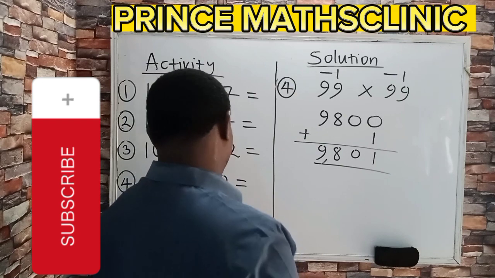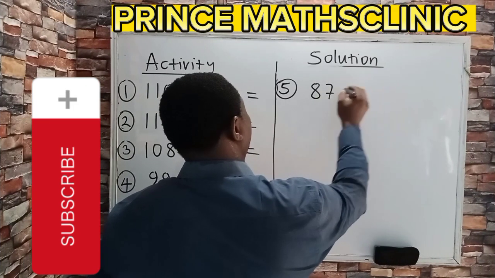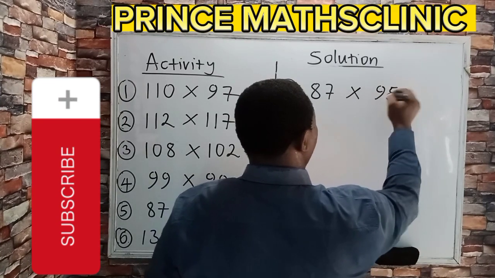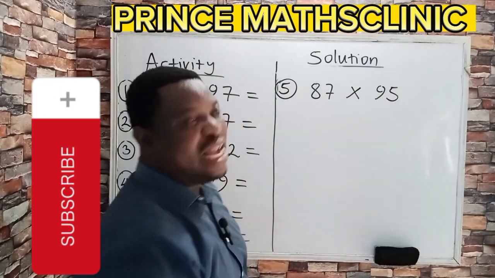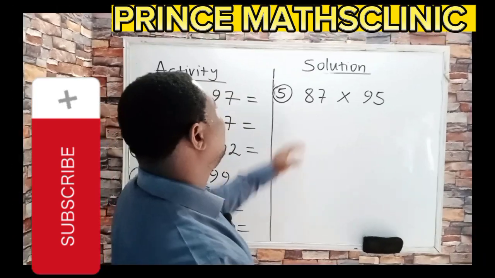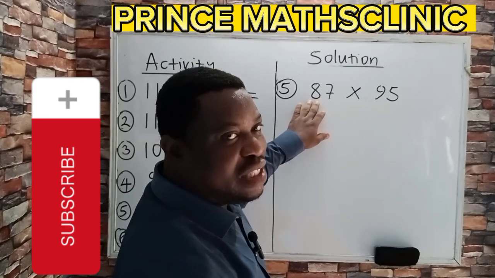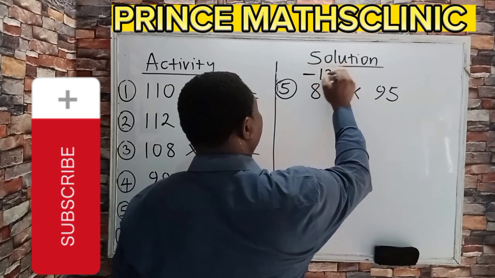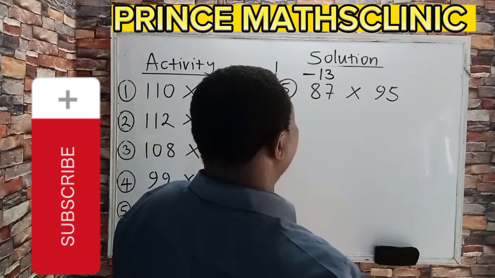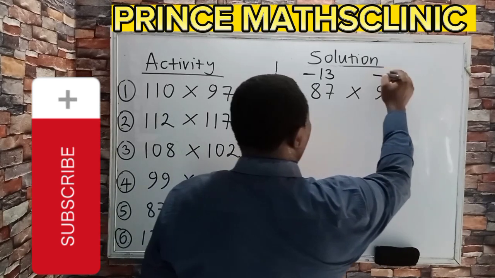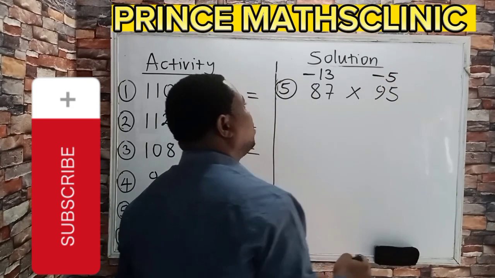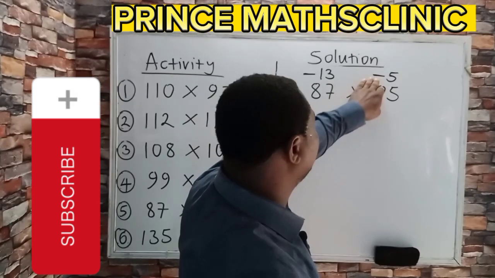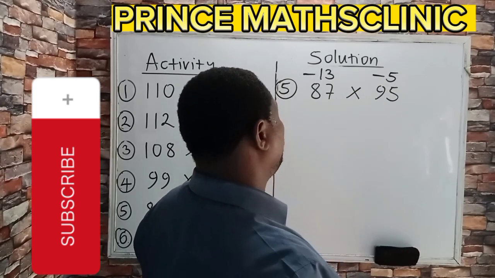Then number 5. 87 multiplied by 95. Now, these two numbers are less than 100. 87 is less than 100 13 times, so that becomes negative 13. And 95 is less than 100 5 times. So anywhere you turn to, if you say 87 minus 5, that is 82.